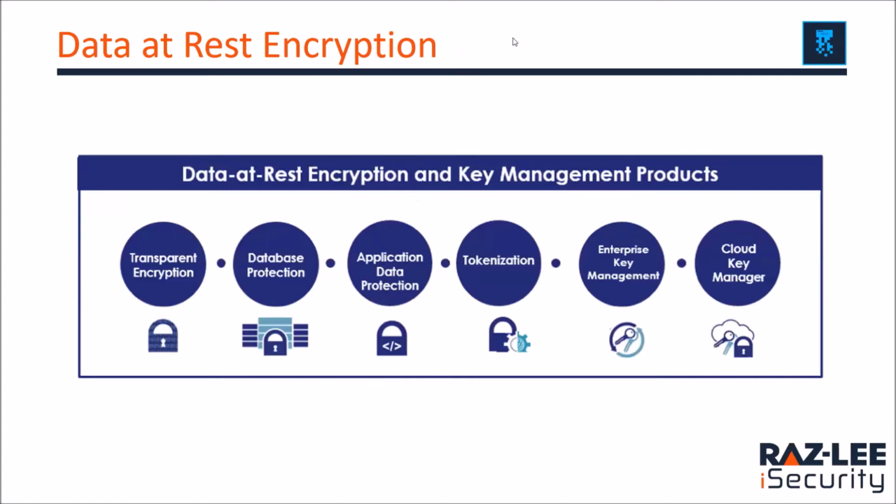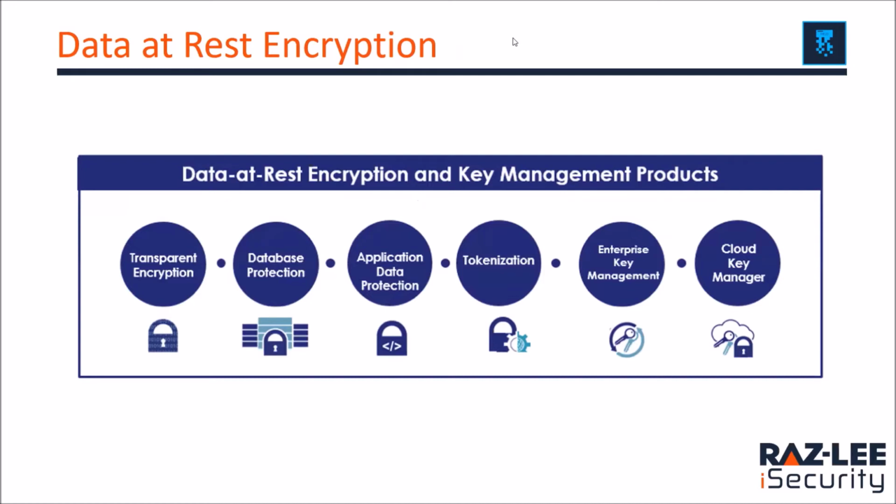So the data at rest and the key management. For example, we can use transparent encryption, or we can encrypt a database. We can also do application data protection. We can do tokenization.